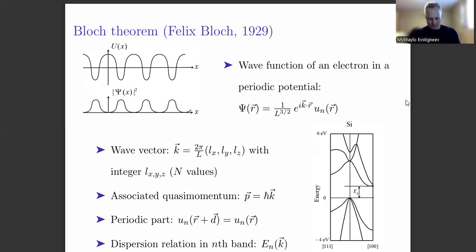All right, so the periodic boundary conditions imply that each component, x, y, and z, of the wave vector must be quantized in units of 2 pi divided by L, where L is the side length of that cube, and lowercase lx, ly, lz are integer numbers.